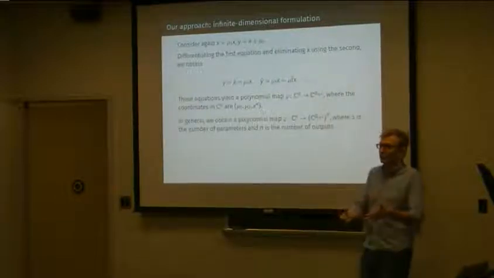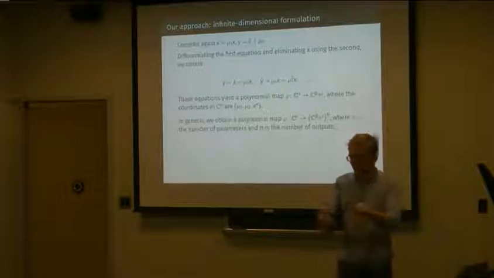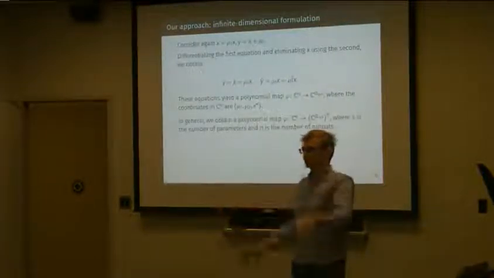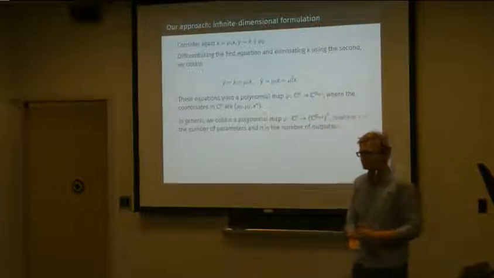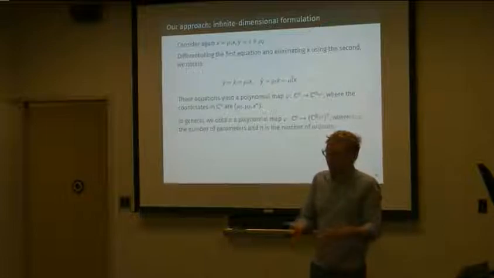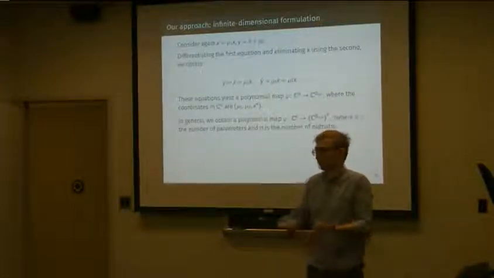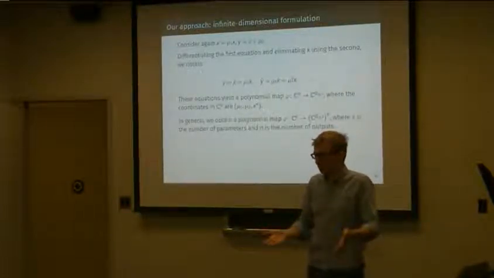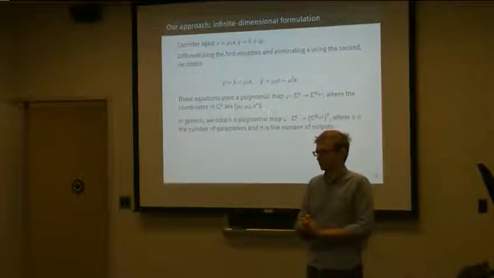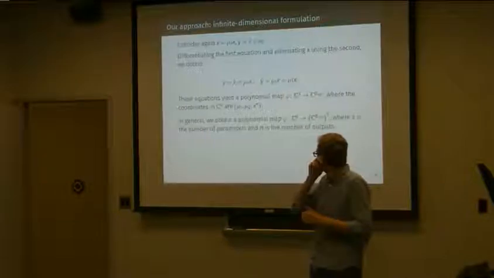In the same way, you can obtain a map from C^s, a parameter space, to a certain infinite dimensional affine space. So this is an almost algebraic context. You have polynomial maps, and polynomial maps are algebraic objects. They're a bit infinite, but we'll deal with it later.